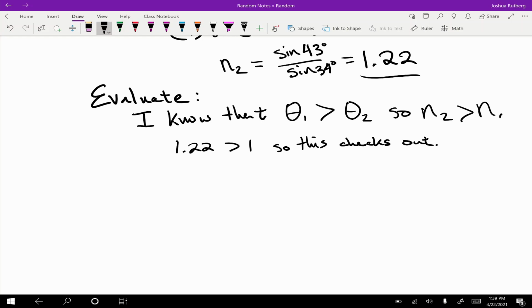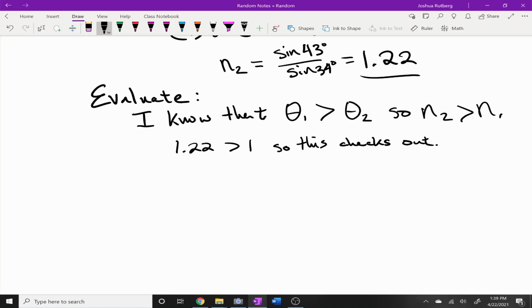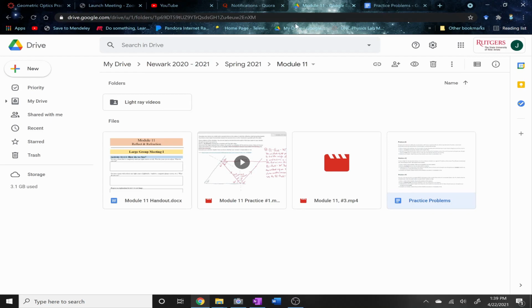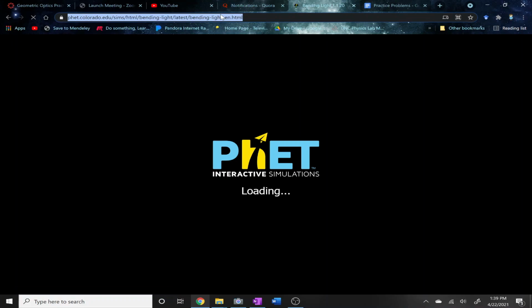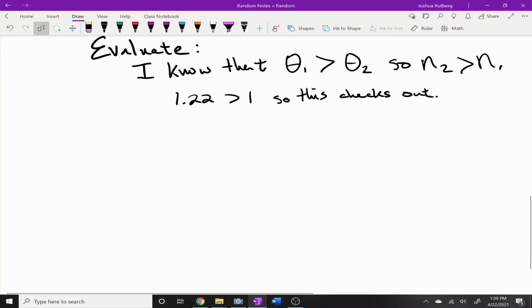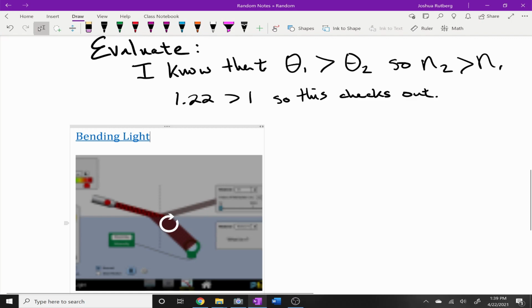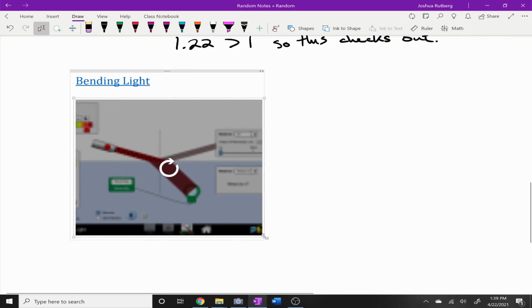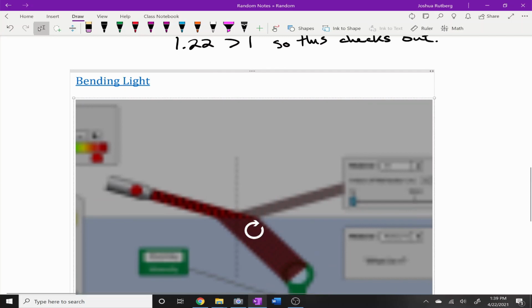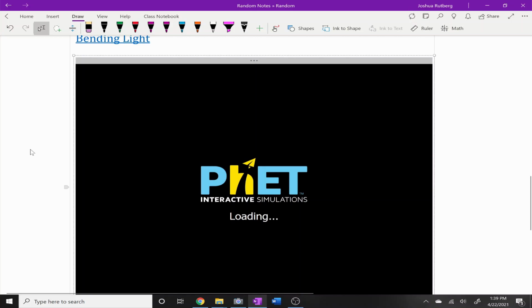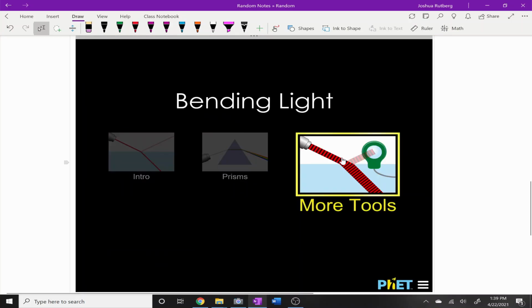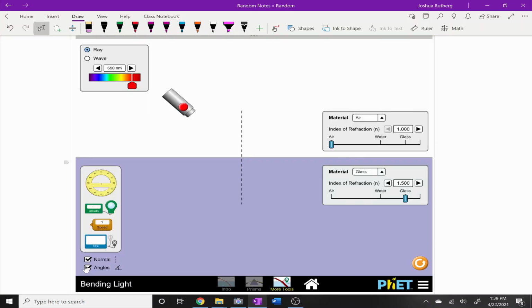We have a simulation that we can use here. So I can just pull this in directly and verify that the angles check out. This will load. I'm going to go into this one that lets me look at the precise angles.